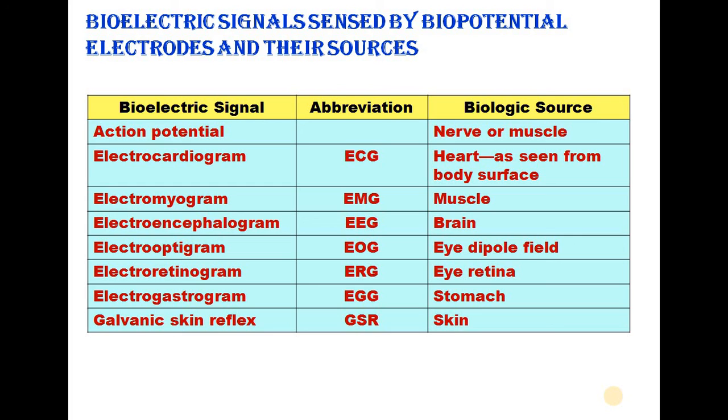Electroencephalogram are the signals from the brain. Electro-oculogram are the signals from the eye dipole field. Electroretinogram are the bioelectric signals from the eye retina. Electrogastrogram are the signals from the stomach. And galvanic skin reflex are the signals from the skin.